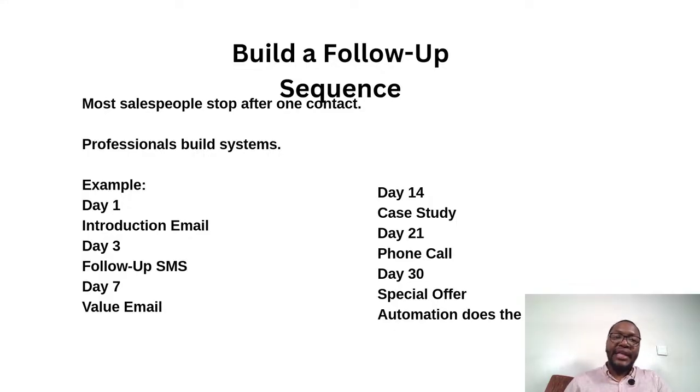The sad thing is the majority of sales reps are stopping at the first conversation, the first contact. Your follow-up procedure sucks. So what do the top 1% do? They build systems, whether you're an individual sales rep or an organization that is a top 1% organization, you're going to implement systems.